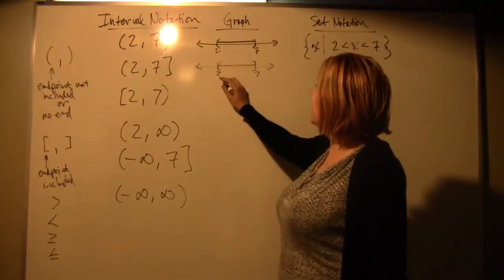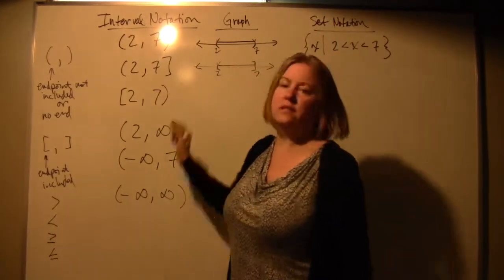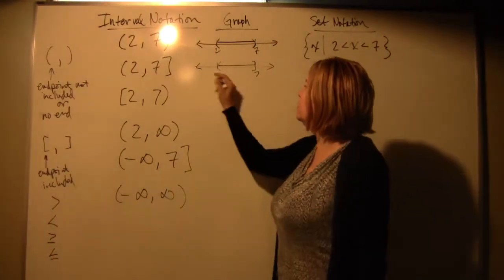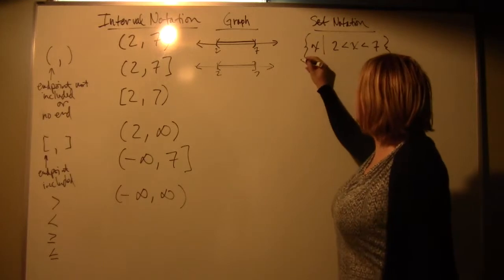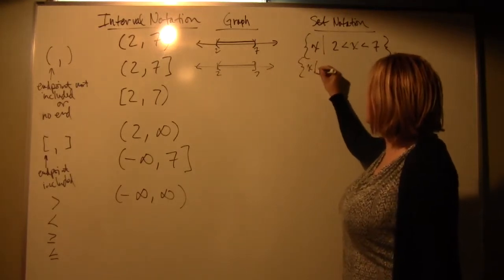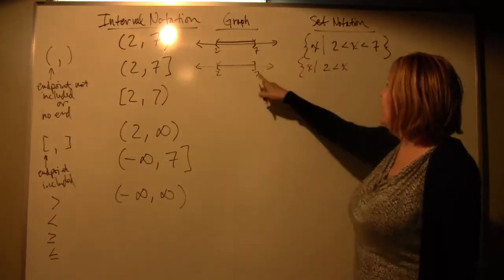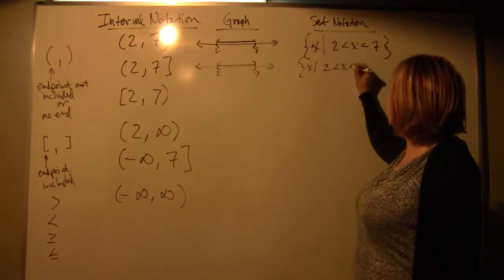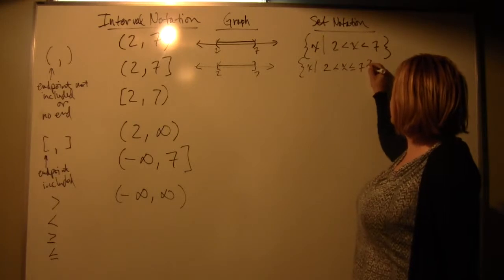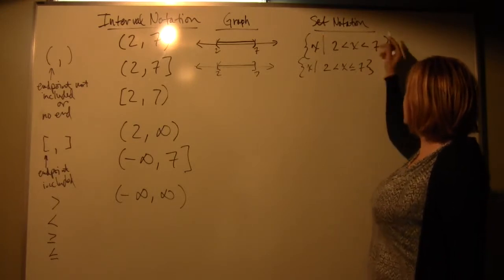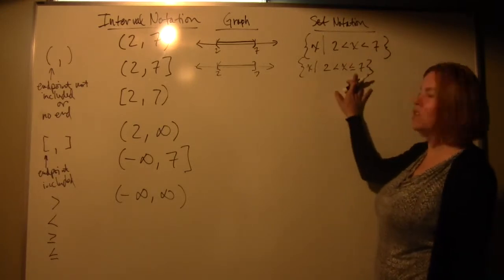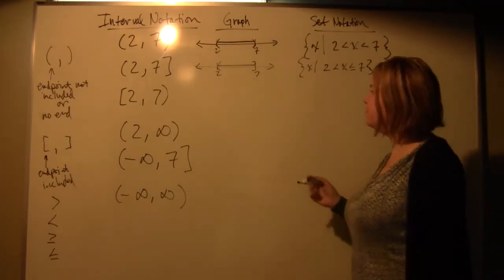And if you notice, this should match this. So this kind of tells you what to do over here. And the set notation is the set of all x such that x is greater than 2, but is less than or equal to 7.